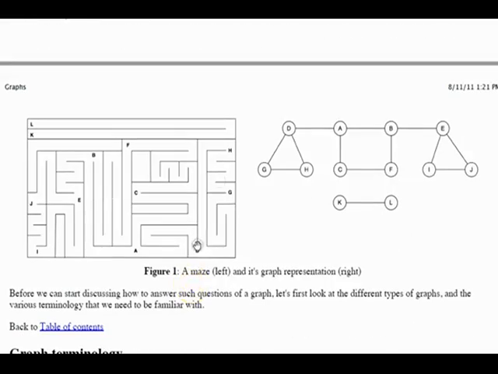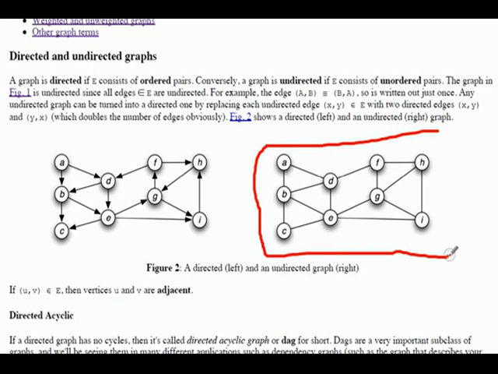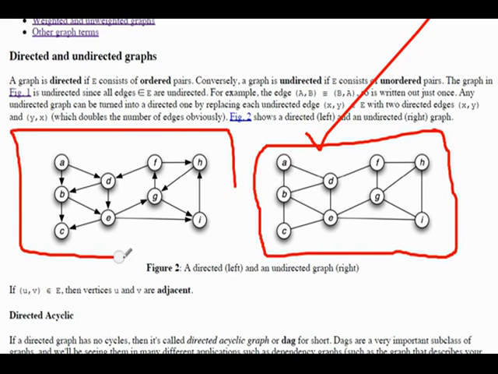And then we have graphs. Okay. Some things over here. Directed graphs. For example, look at this one. No one is directed to anyone. So this is an undirected graph. Here you can see there are directions.